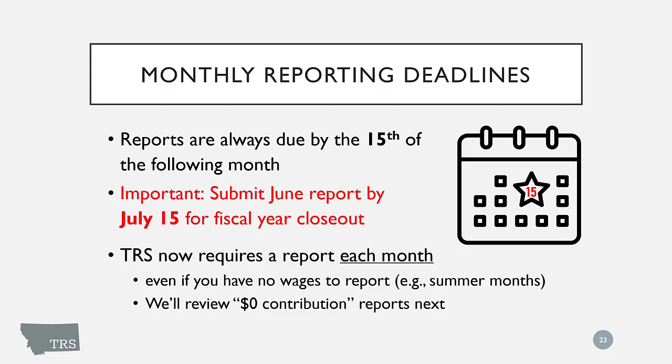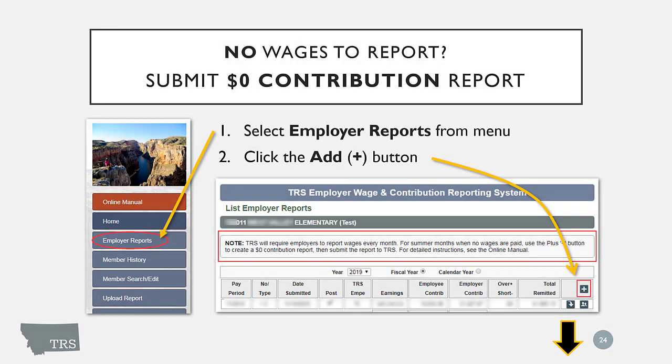Even if you have zero wages or contributions to report, it's required to do a report each month. So we have what we call a $0 contribution report in the system, and it's pretty simple.